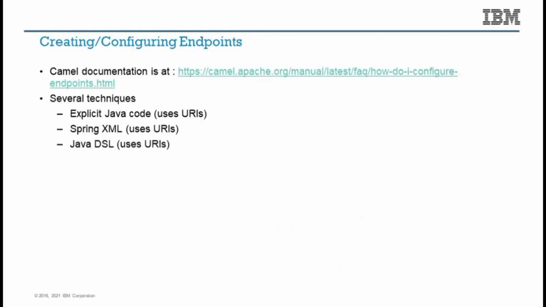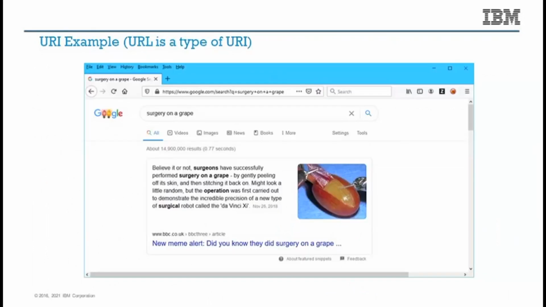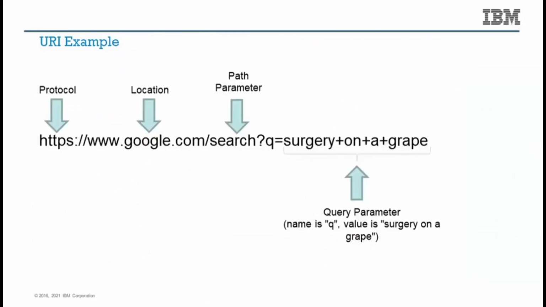Now, as you get into doing Apache Camel stuff, again, I talked about the different ways you can code these up. But when you specify all of these endpoints, right? Endpoint for IBMI, endpoint for a database, endpoint for an IoT thing, all of these things are specified with a URI, right? And you probably know what a URI is; if you don't, just know that a URL is a type of URI. And we've all seen these before.